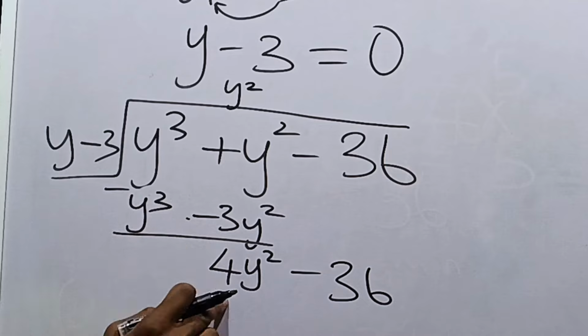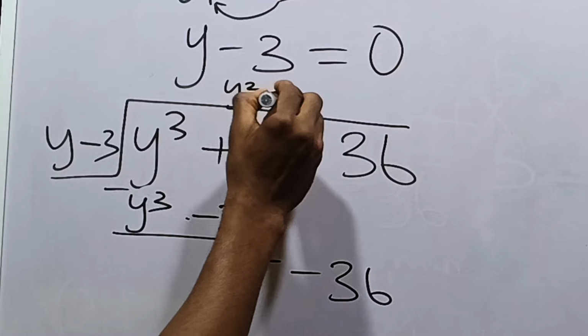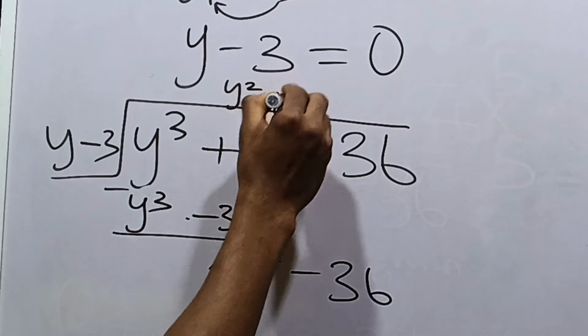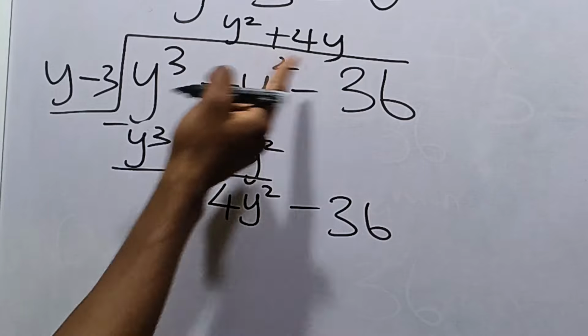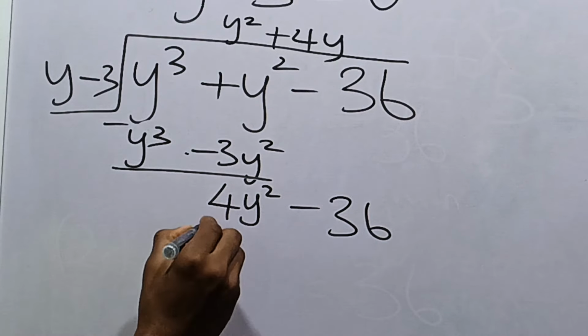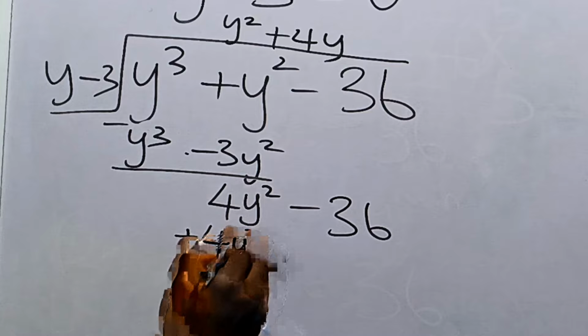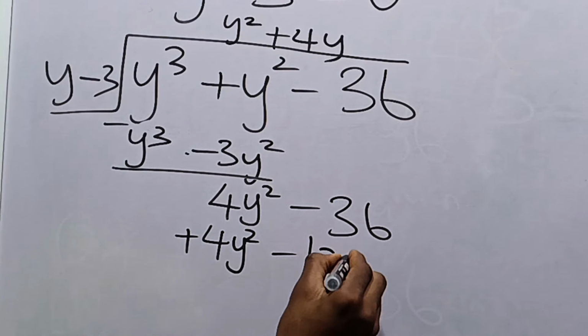So 4y squared divided by y is going to be what? 4y. So this is plus 4y. Now 4y times y is plus 4y squared. 4y times minus 3 is minus 12y.